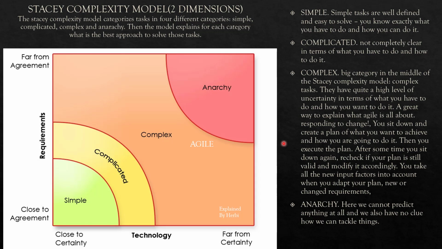Then we have the complicated ones. In complicated, you have some unknowns. I mean, you are in the middle of complex and simple, so there are some unknowns. I'll give you an example. If you have to send something abroad, in your country, probably you know how to deal with things, but in a country which you have never visited, you don't know.